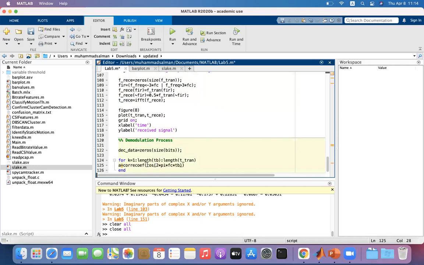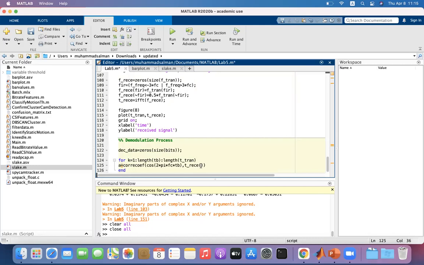This is the predefined signal that we already know, and then I will take the signal we received and take the correlation, so we have to consider it bit by bit. So like k is equal to 1 and then TB, right? It will start from 1 and run up to T tran, so it will check the entire length of the received signal.